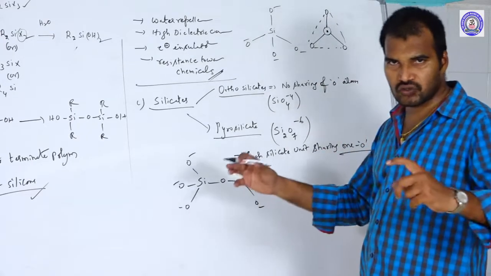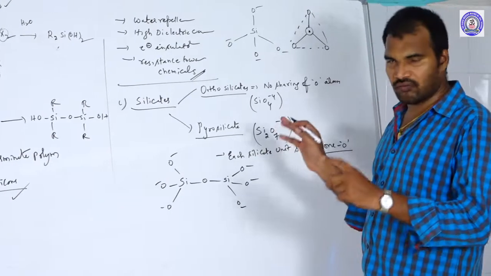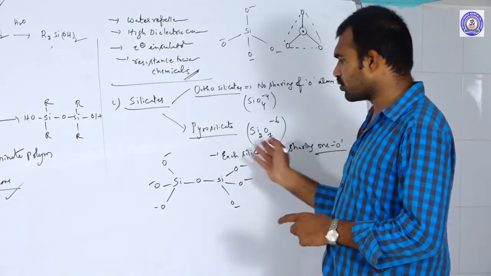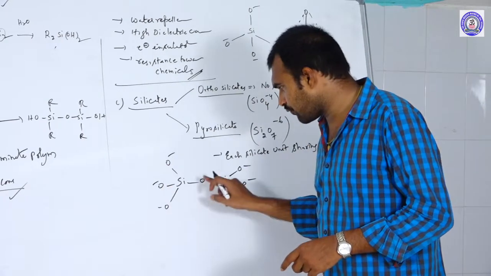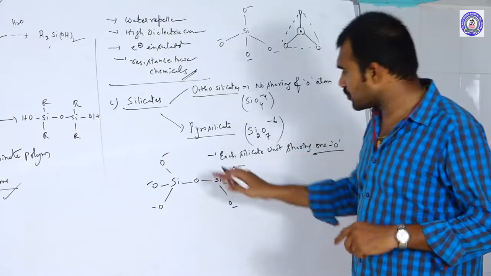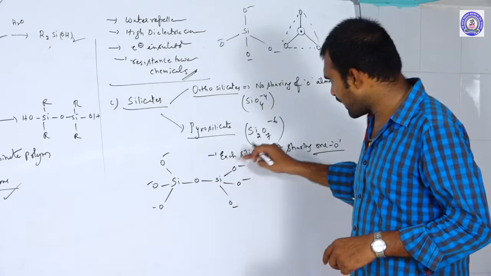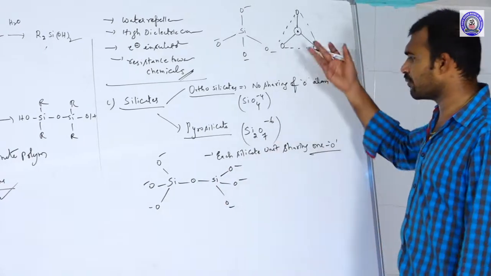One oxygen. So two silicate units are sharing one oxygen. Each silicate unit is shared at one corner. How many oxygens are there? 1, 2, 3, 4, 5, 6, 7. Seven oxygens, that is Si2O7. What is the total negative charge? Minus 3, minus 3, minus 6. That is why Si2O7 6-.